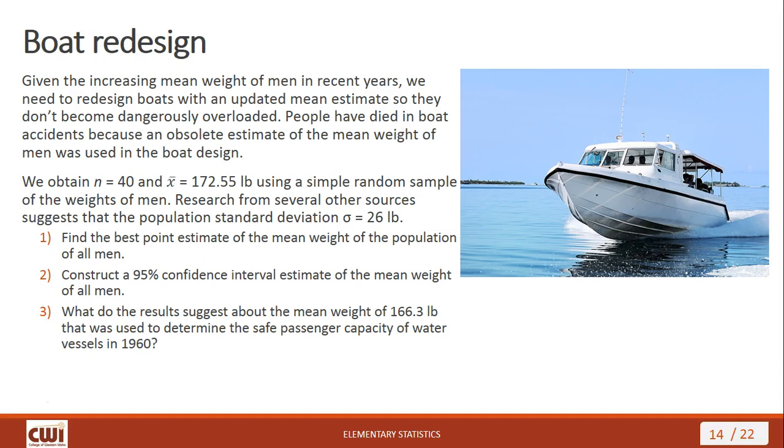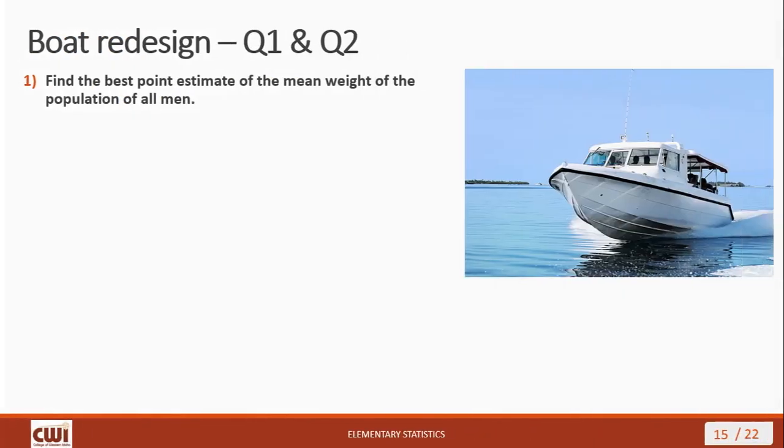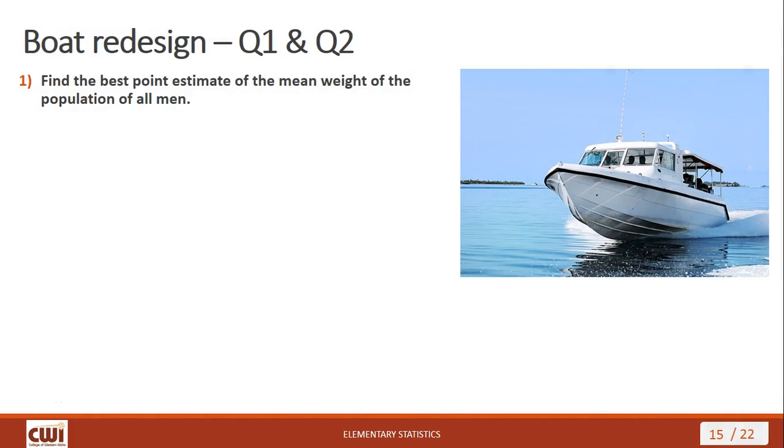Second, construct a 95% confidence interval estimate of the mean weight of all men. And third, what do the results suggest about the mean weight of 166.3 pounds that was used to determine the safe passenger capacity of water vessels back in 1960? Again, let's tackle these questions individually.